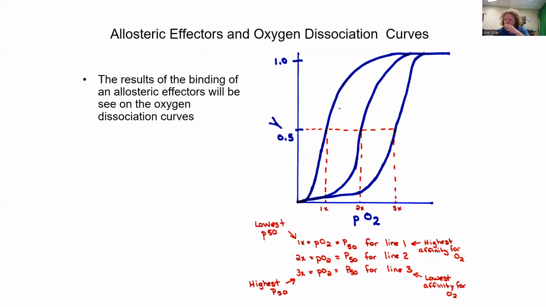Now, here what we see is the sort of curve that I want you to be comfortable with and I want you to be familiar with. The results of the binding of an allosteric effector will be seen on the oxygen dissociation curves. So I'm going to say plus effector, plus other effector.